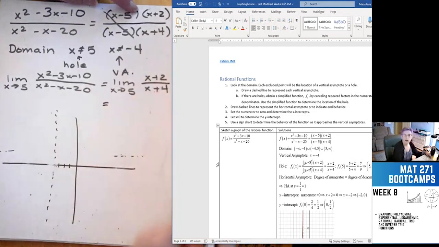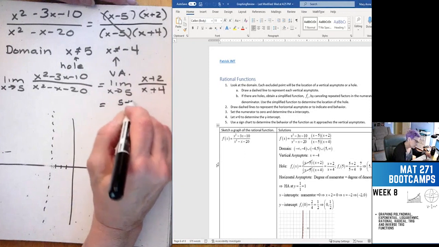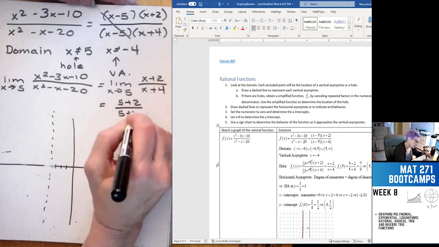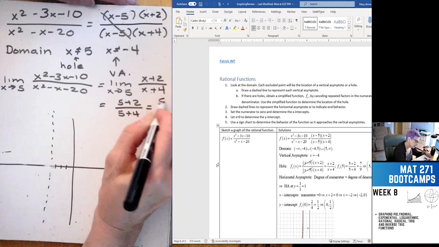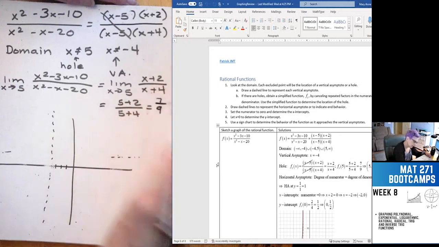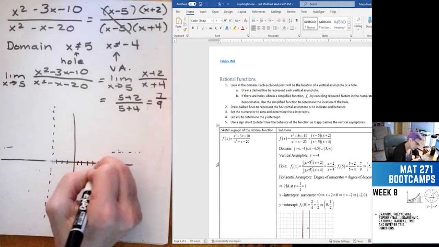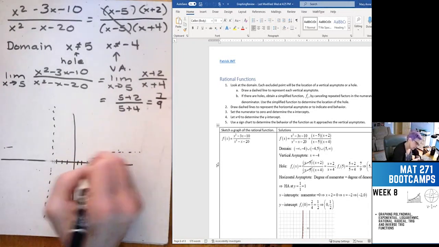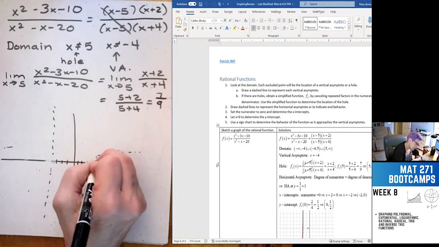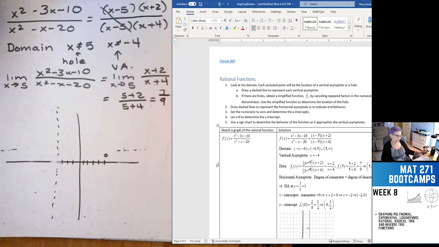And you would just plug 5 into that. So you would get 5 plus 2 over 5 plus 4, which is 7 over 9. So at the point 5, 1, 2, 3, 4, 5, it's going to be at about 7 over 9, and you have a little hole there.